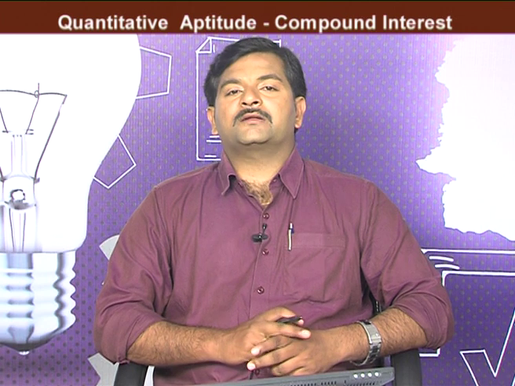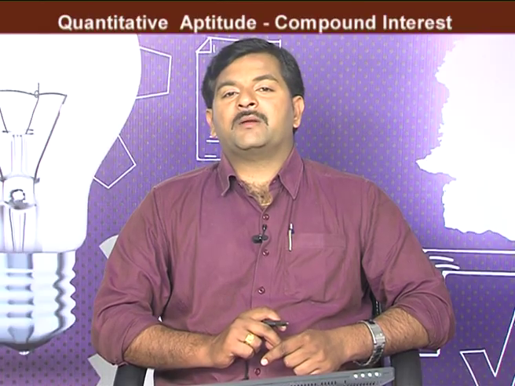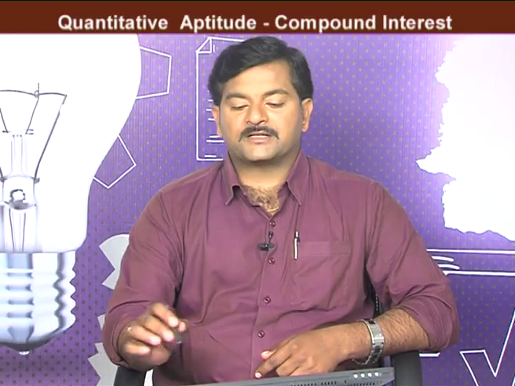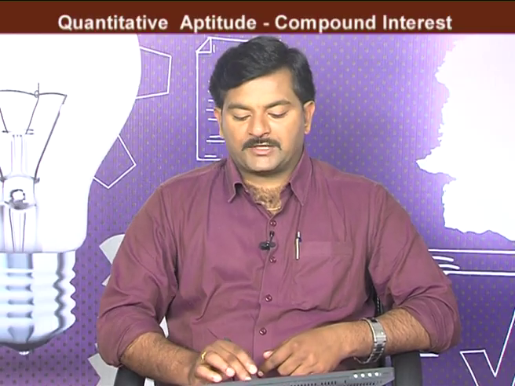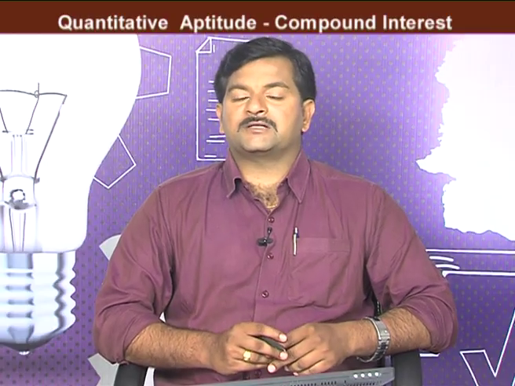And the second point in compound interest is, usually in compound interest, interest need not be compounded annually. I repeat this sentence once again. Usually in compound interest, interest need not be compounded annually. This we will discuss by taking a small example.